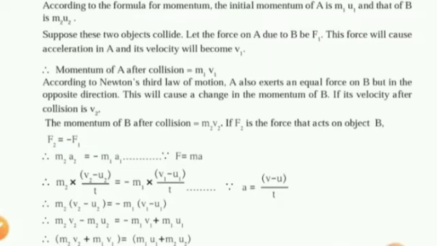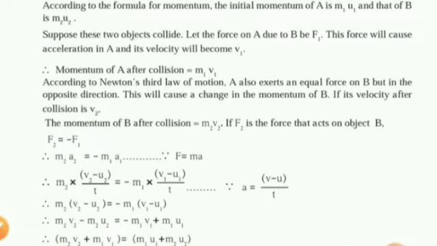Multiplying by t, m2 v2 minus m2 u2 is equal to minus m1 v1 plus m1 u1. So the formula is m2 v2 plus m1 v1 is equal to m1 u1 plus m2 u2. That is, the final momentum is equal to the initial momentum.